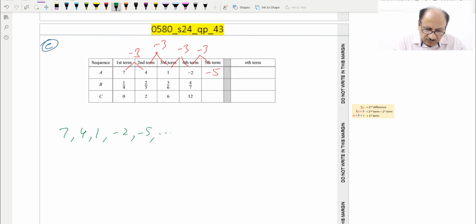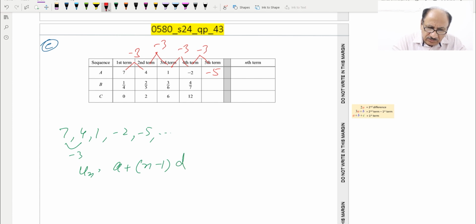So we need the nth term. How will we find this? The difference is minus 3, which we have calculated, and we'll apply the formula. So u n will be equal to a plus n minus 1 into d, and a is 7.